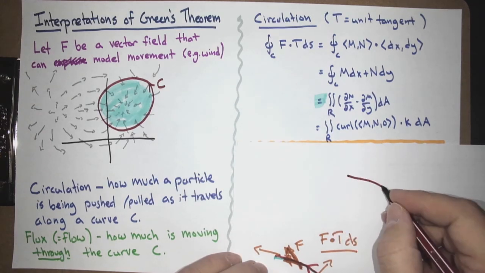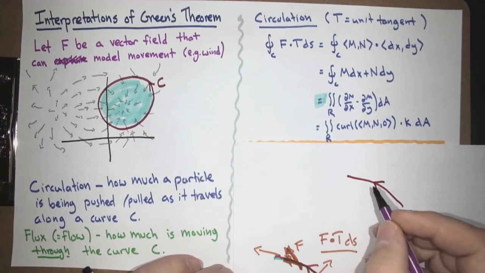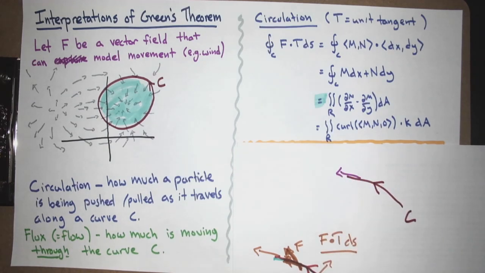Well, if I'm looking at flux, I need to look at what's happening through the boundary. Now, if my force is going with my direction of motion, is any flow happening? No, nothing's coming in or out.